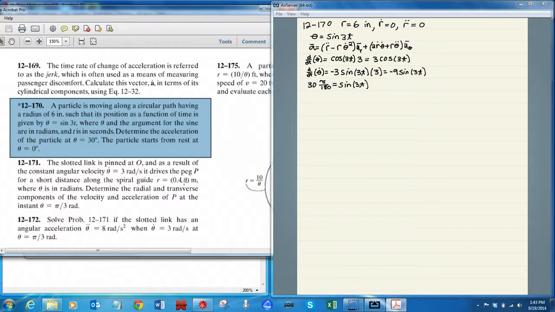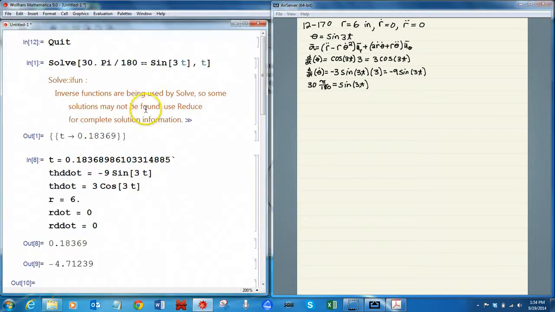So I plan to pause at this point and pull out a calculator. I did not have my calculator with me, so I put this into Mathematica. Rather than bore you with trying to type things in, I typed it in, and here are the results. The first thing I do when I open up Mathematica is I quit. This makes it forget anything that I've been doing in the past, so that I know I have a fresh start.